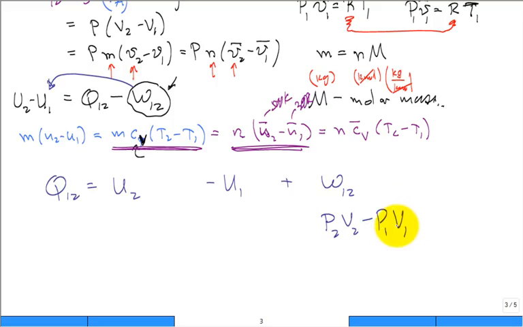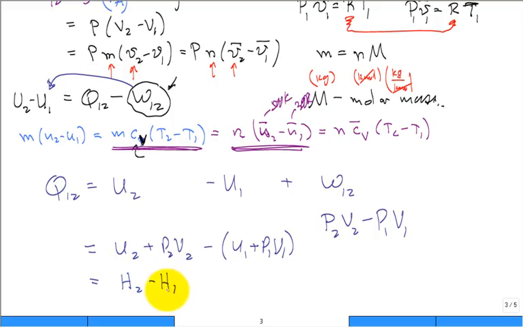And then I lump so that I get the U2 plus P2 V2 minus U1 plus P1 V1. And then they say, look, there's H2 minus H1. I thought you said we would never see the enthalpies when we're working with closed systems. This is one of those cases.